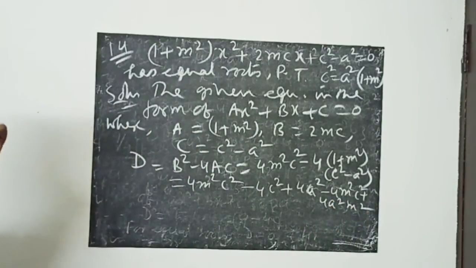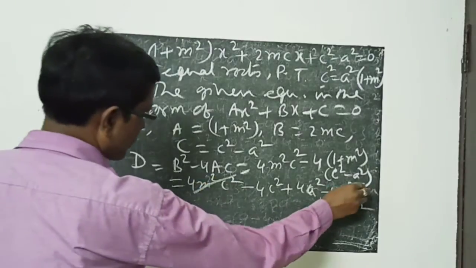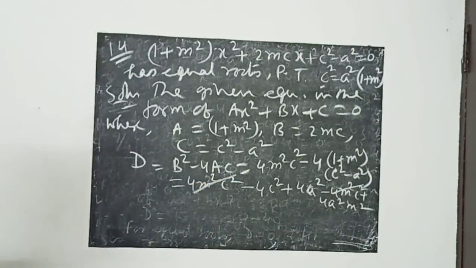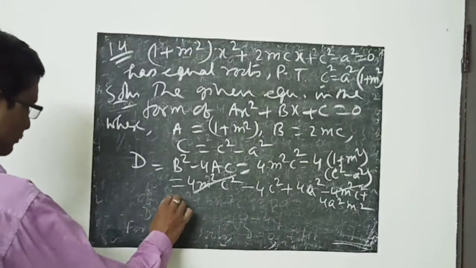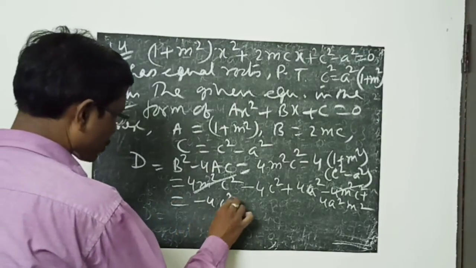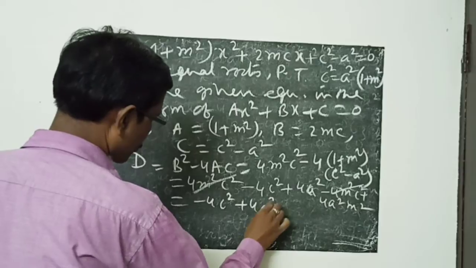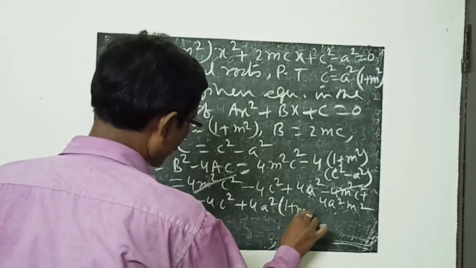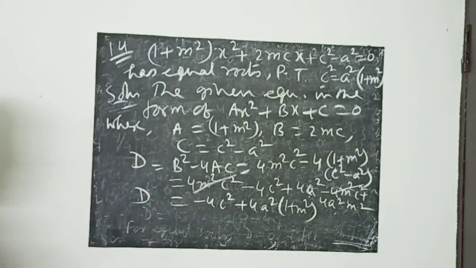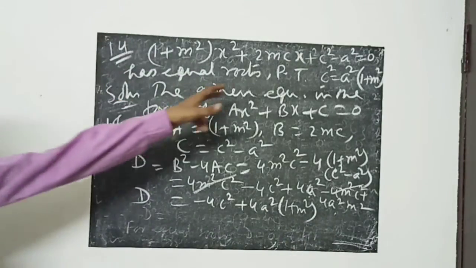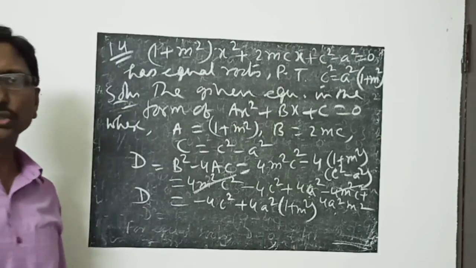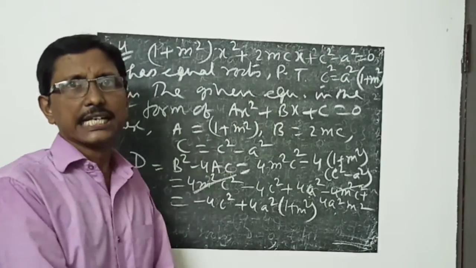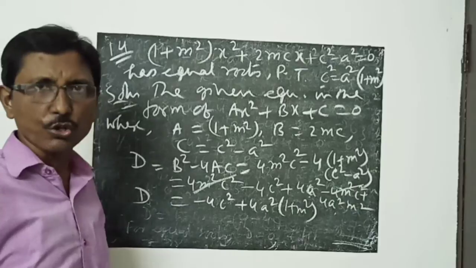So ultimately 4m square c square and minus 4m square c square will be cancelled. Here you have minus 4c square plus 4a square m square plus 4a square. If you take common, you will get 1 plus m square. And we know that for equal roots, D should be equal to 0.